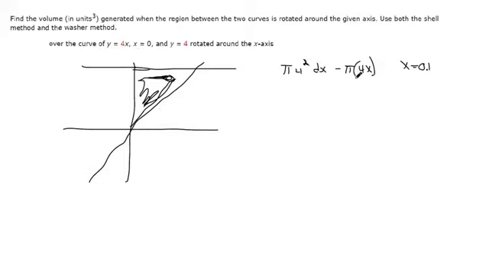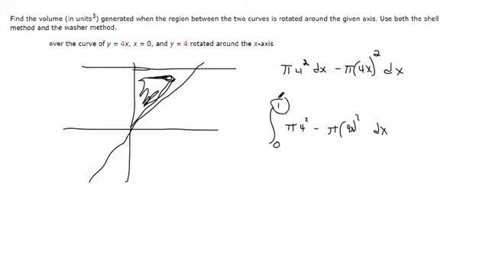So this represents the radius of that smaller cylinder. And then we square that, and then we multiply by the height. And remember, that's the calculus part. The height is infinitely small. So in other words, if you plug it into that formula, we want to integrate from 0 to 1, and I'll show you why it's 1 in just a second. That's going to tell us the volume of the area as we rotate around the x-axis.